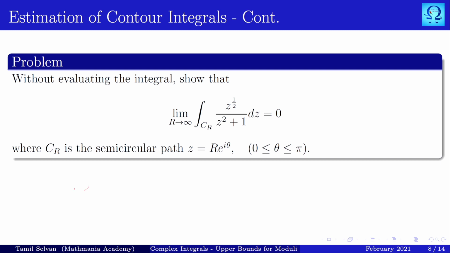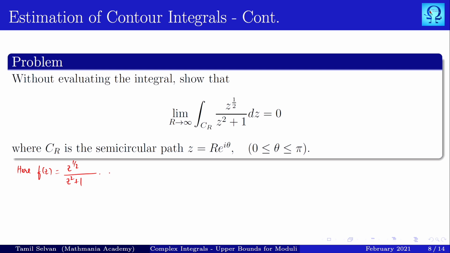First of all, let us identify what is given. The function f(z) is z to the power half upon z squared plus 1. We'll make use of the properties we specified in the previous problem.